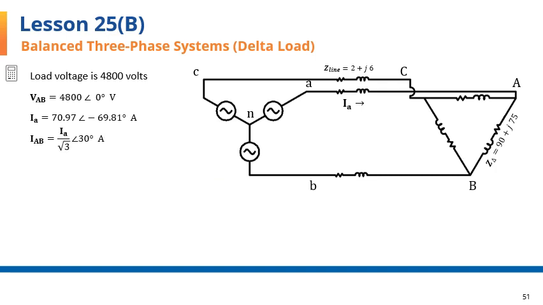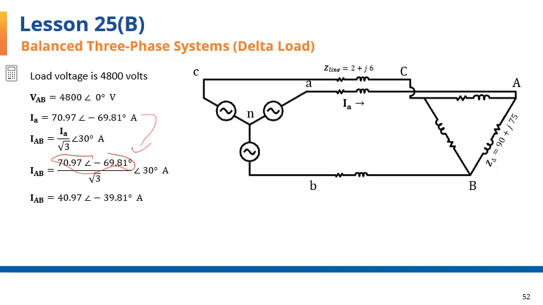And here is that equation, IAB. Substituting for IA, we can find the IAB. So IA coming from here over square root of 3 and add 30 degrees to what you have here. And you get 40.97 amps with negative 39.81 degrees of phase angle.